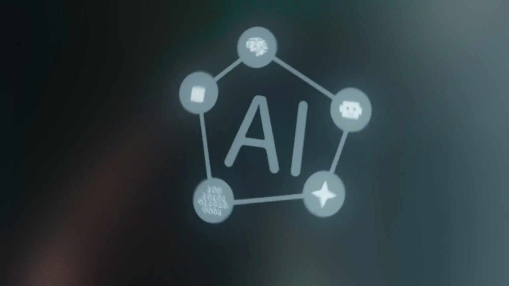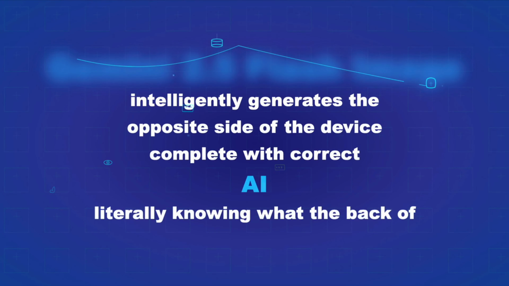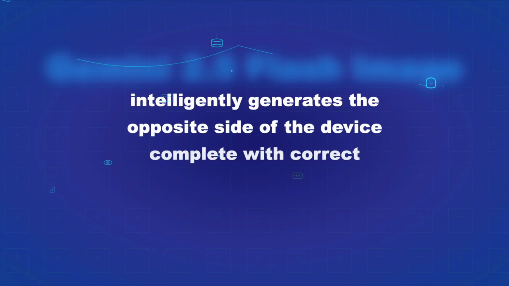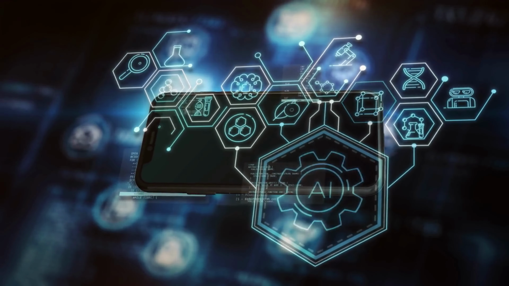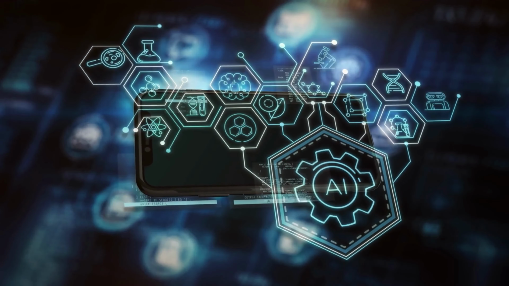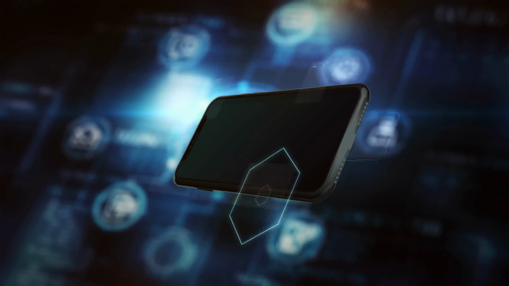It intelligently generates the opposite side of the device, complete with the correct interface, icons, and operating system look. Demos have vividly shown the AI literally knowing what the back of an iPhone looks like, understanding what apps should be visible, and how to render them authentically. This isn't something you could easily achieve with traditional diffusion models without extensive specialized training.